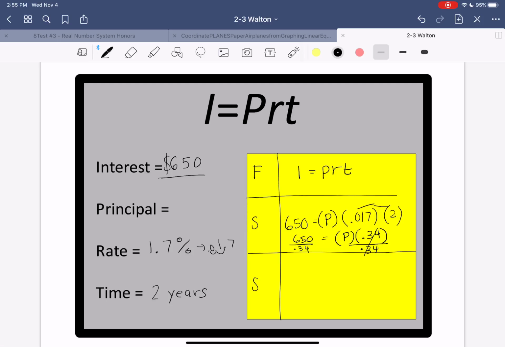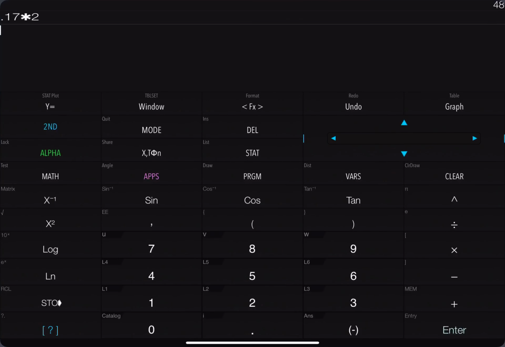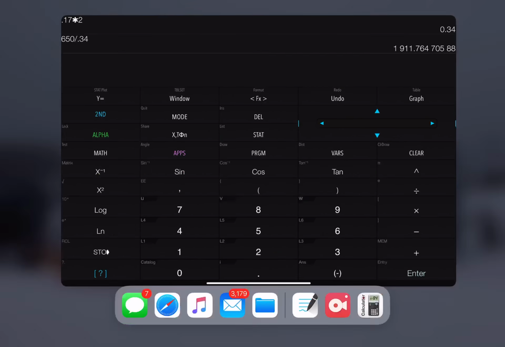So on the left side, that becomes 1, and we're just left with P equals, and then what we do is take our 650 interest and divide by 0.34. So what we get here is 1911.76.